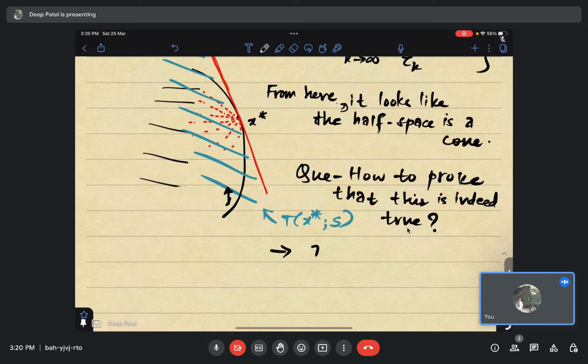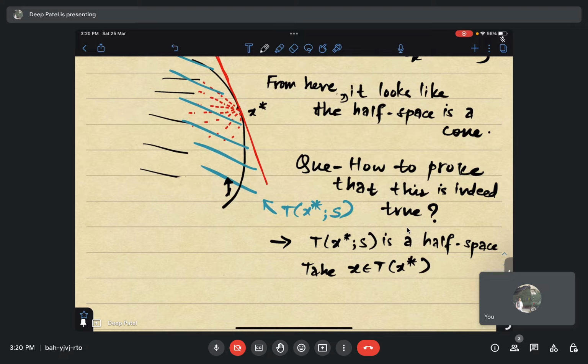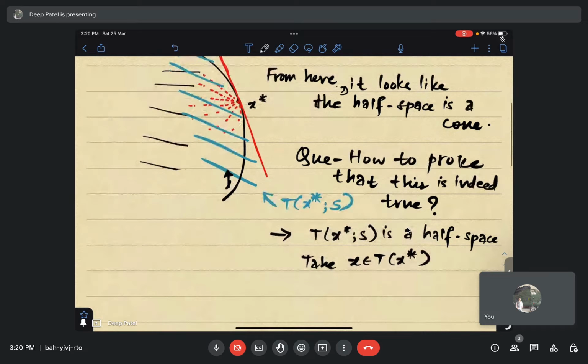Okay. So T of x star S is a half space. You are saying take some x in this half space, and then consider the direction x minus x star.